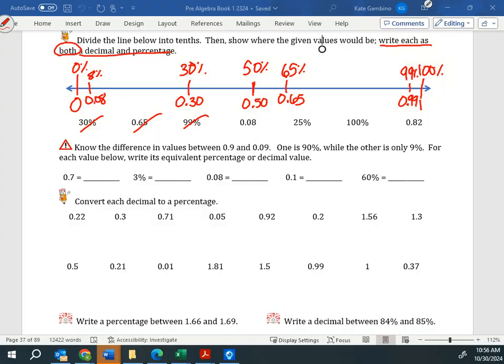So just remember 0.08 is 8%. Now I have 25%. Where do you think I should put that, Hadley? In the middle of 0 and 50? So close to that 30. So I have 25%, which would be 0.25.